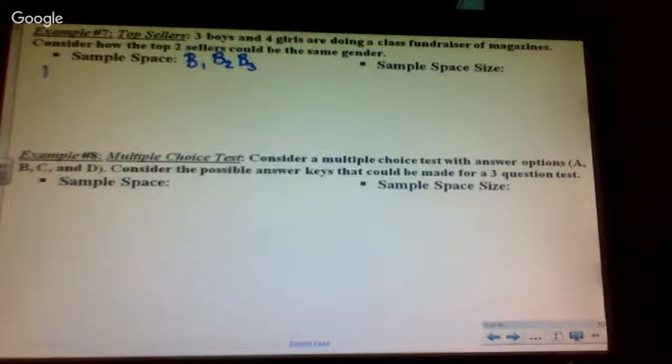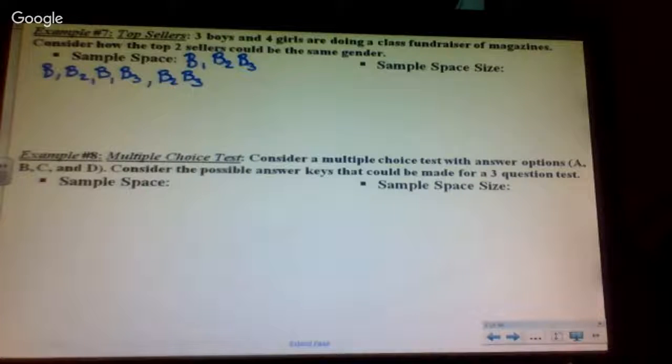I could pair up boy 1 and boy 2. Who else could I pair with boy 1? Boy 3. I can do boy 2 and boy 3. Would it make a difference if I flip-flopped it and did boy 3 and boy 2? No, they're just top sellers. They don't have a specific spot. So those are all of my options with boys.